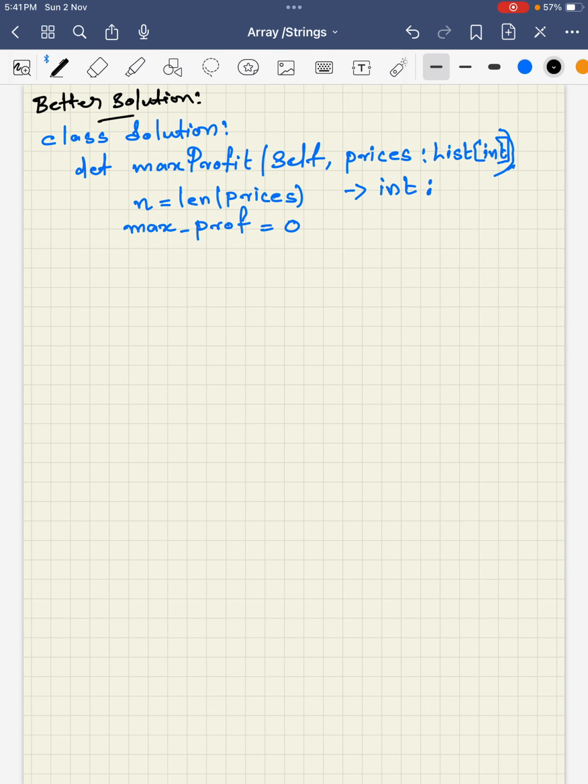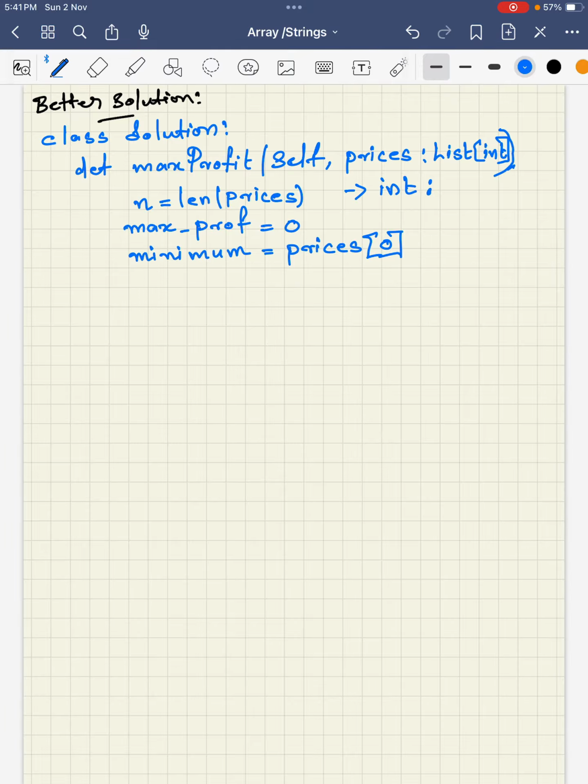And here what I am going to do is create another variable, which is minimum. Let it be prices of 0, the first element.